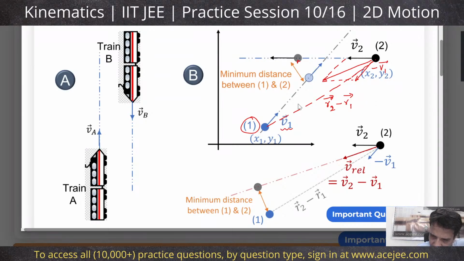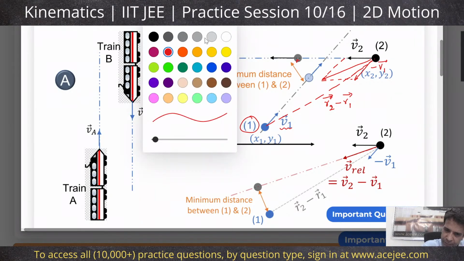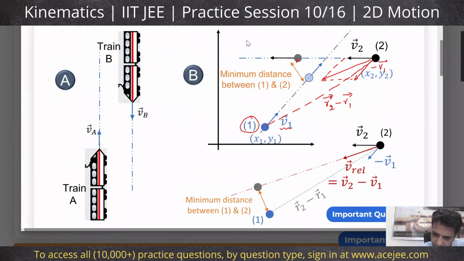Tail at 1, head at 2. So this is my r2 minus r1 vector, right? What is r2 minus r1? The relative position vector of 2 with respect to 1 at time t equals 0.